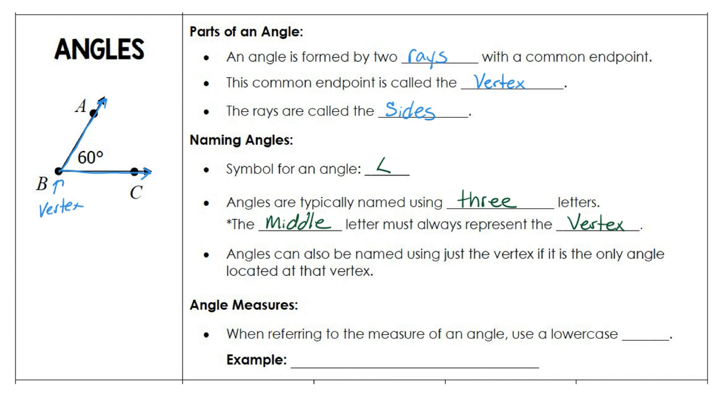And angle measures. When referring to the measure of an angle, you use the lowercase letter m. An example of that would be the measure of angle ABC right here is 60 degrees. That is an example of something you are going to see.